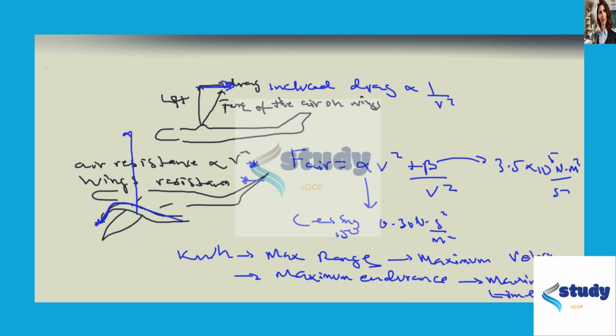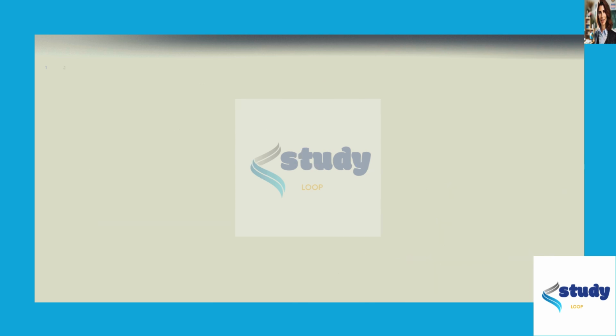So in the next page, we first of all get to look at the maximum range. This is part A. We have the force that we're dealing with, force of air, that's given as alpha v squared plus beta over v squared.